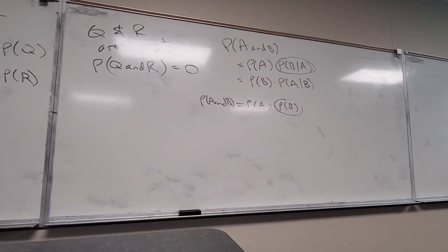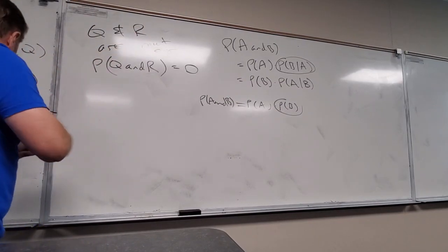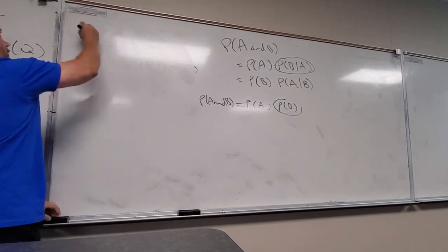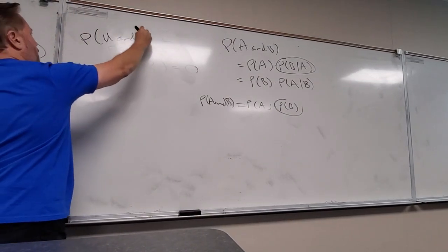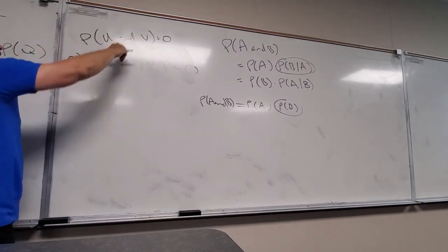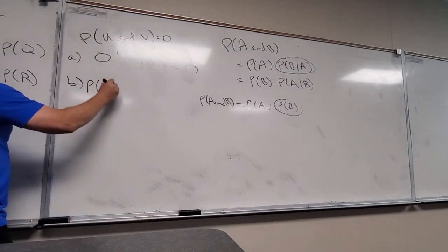I don't know if you guys are with me. So again, the first sentence, they are mutually exclusive, which means I immediately can write this. Part A, 0. We just said that, not 0 factorial in case you know this. Part B, what's the formula for U given V?